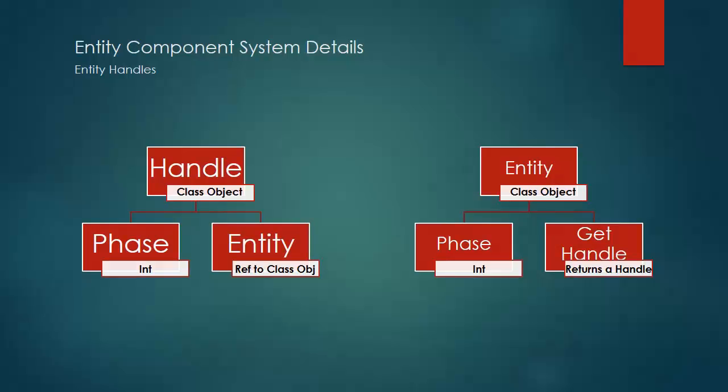Now, our handle object is going to have a copy of that, right? It's not going to be a reference to it. It will have a reference to our entity, but that's going to be a protected reference. It's going to be a read-only reference that is based on the phase. So whenever we ask for the entity, the handle will look at the read-only phase and check it against the current phase of the entity.